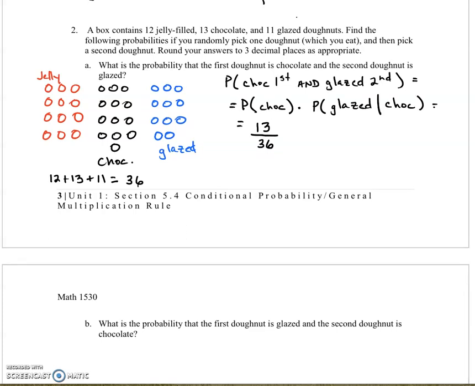So we have a 13 out of 36 chance of picking a chocolate donut the first time.